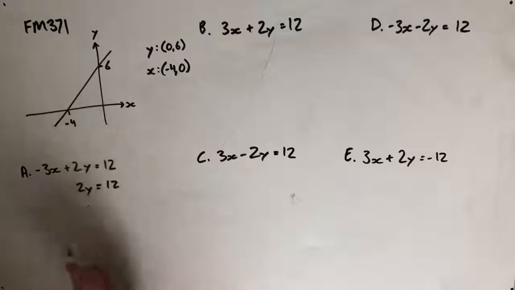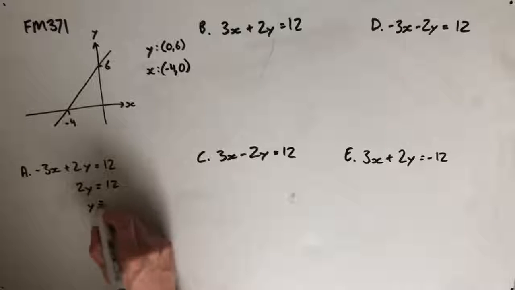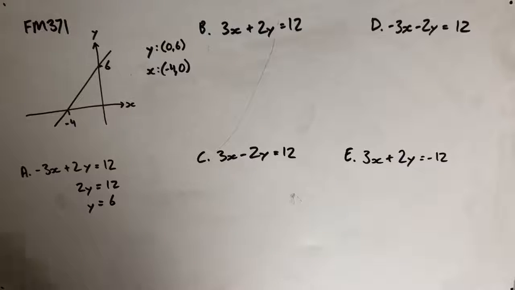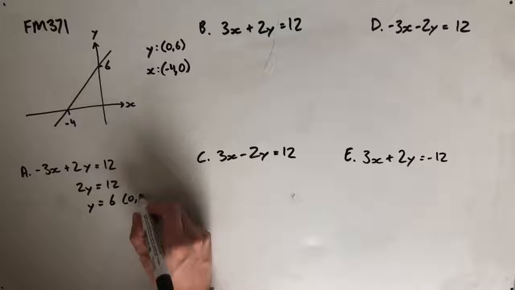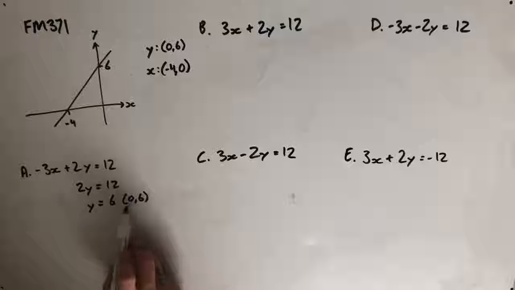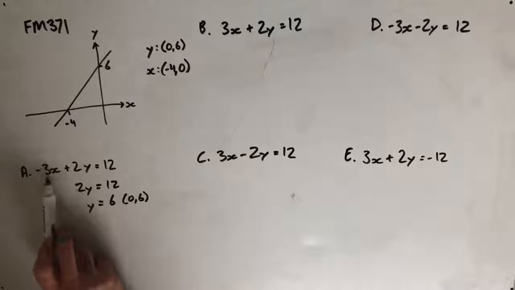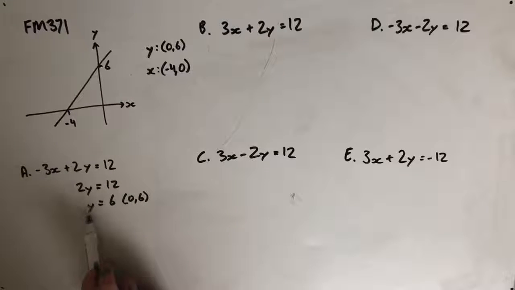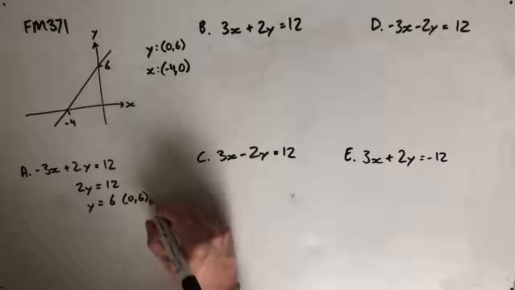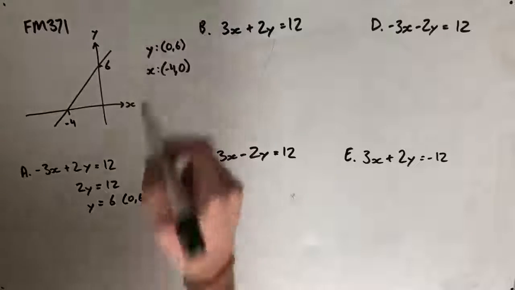Dividing both sides by 2, we end up with y equal to 6, which means our y-intercept is 0, 6. The 0 comes from the fact that we substituted 0 for x, and solving showed us that y is 6 when x is 0. That lines up with the y-intercept we're looking for.